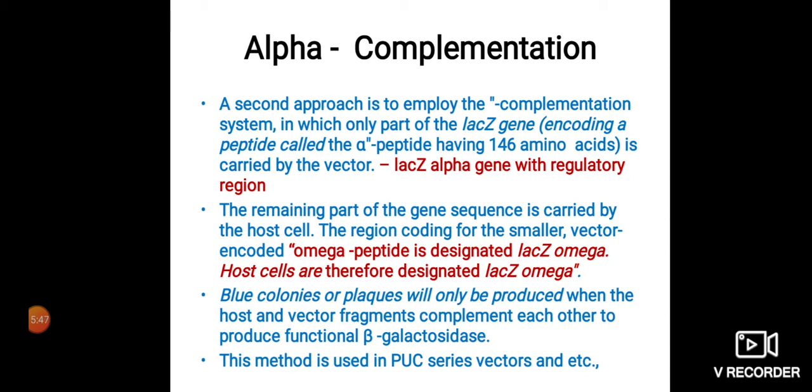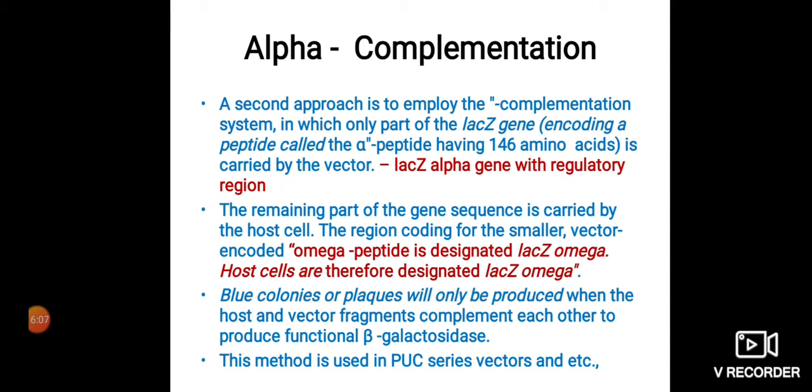Together there will be functional beta galactosidase, which removes beta D galactoside from the X-GAL, so that the blue color appears. That is called alpha complementation.